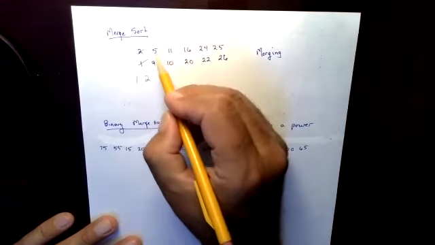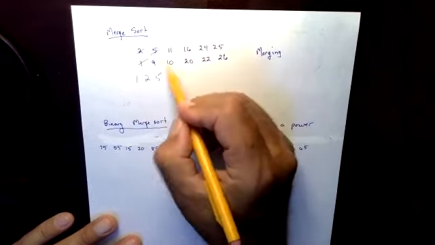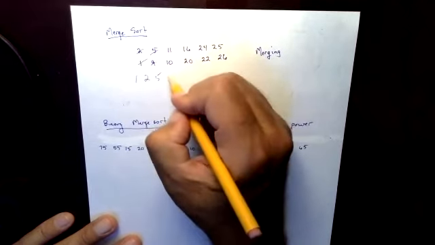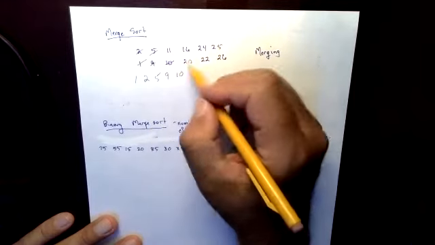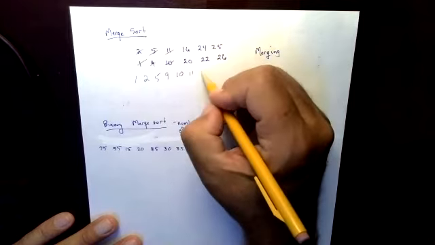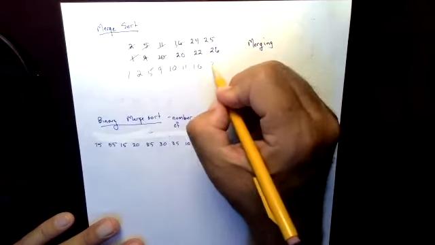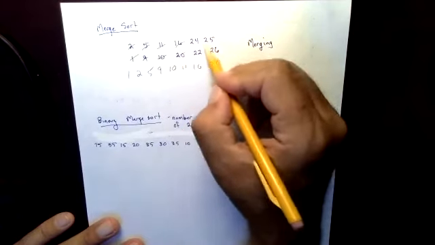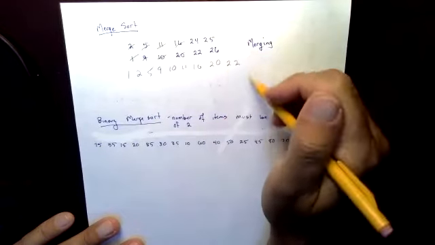So I move over. 5 and 9. The 5 is smaller. 9 and 11. The 9 is smaller. 10 and 11. The 10 is smaller. 11 and 20. 11 is smaller. 16 and 20. The 16 is smaller. So as you can see, I'm slowly moving across each of these arrays, creating a new array.